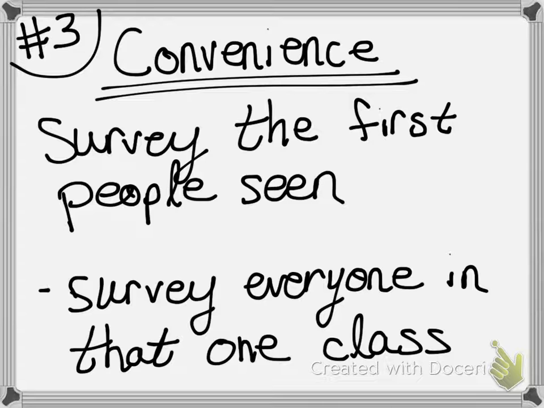This is also considered the worst way to sample data, because you're just kind of being lazy. You're only talking about one group of people. If you get everybody in our 8th hour, that's all juniors. And maybe you need to talk to seniors and 8th graders and get a wide range of data. So this is not the best way to get data at all.